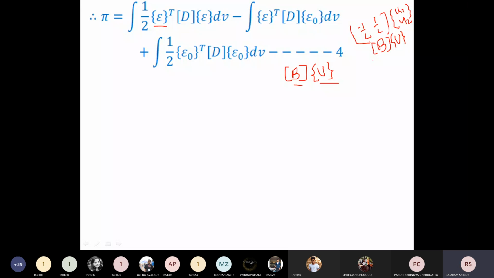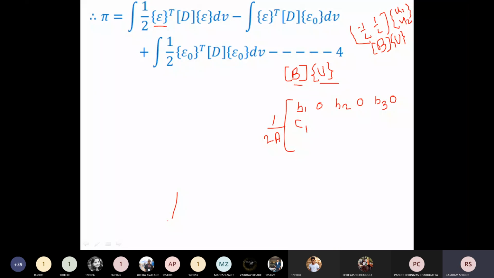And for two dimensional, it is 1 upon 2A, common here, and you have B1, 0, B2, 0, B3, 0.